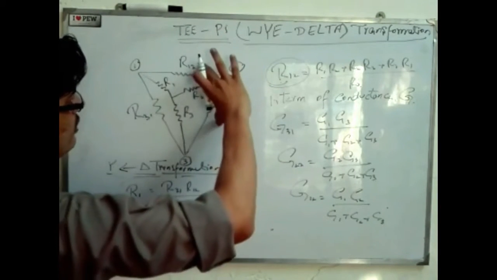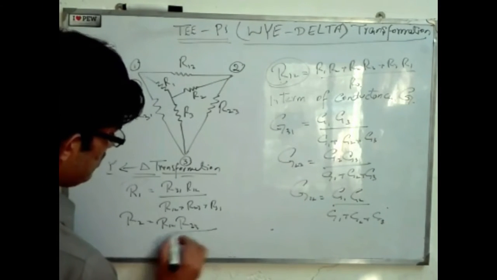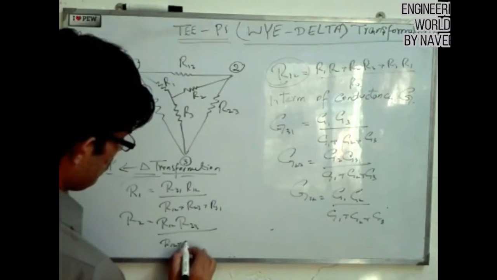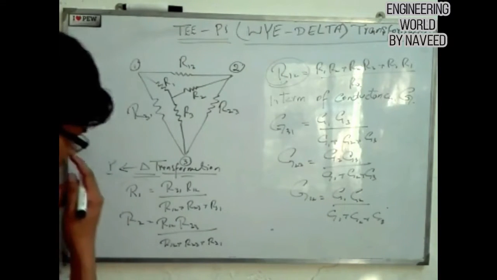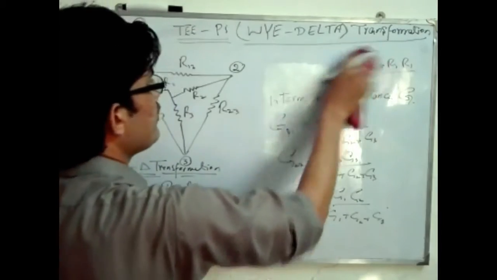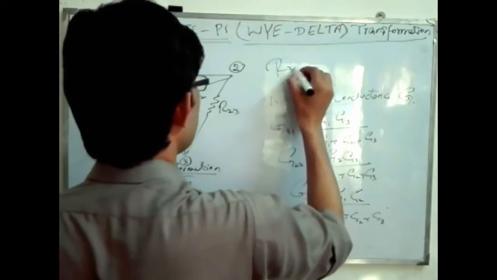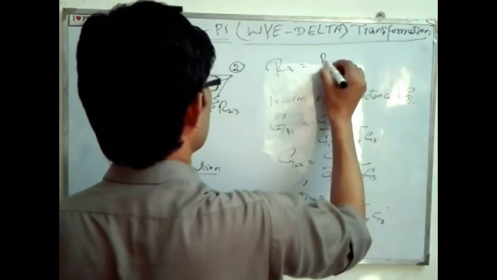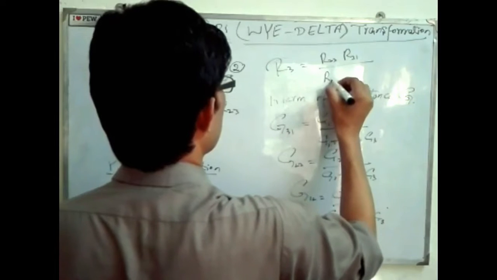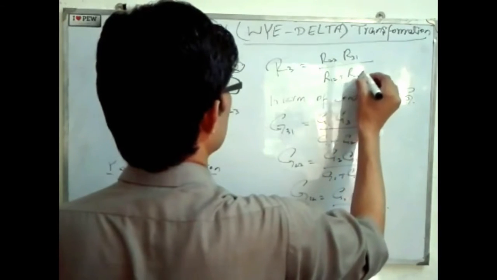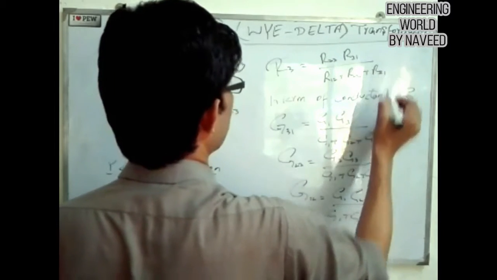These are in between, so just take these two resistances. R12 R23 divided by R12 plus R23 plus R31, and R3 will be equal to R23 R31 divided by R12 plus R23 plus R31.